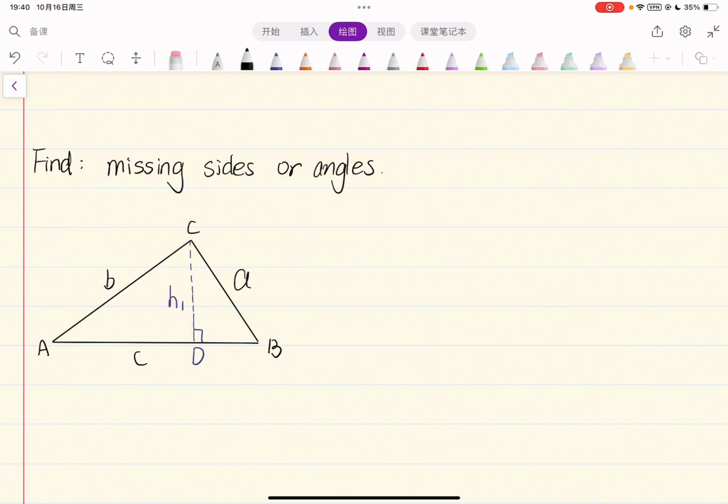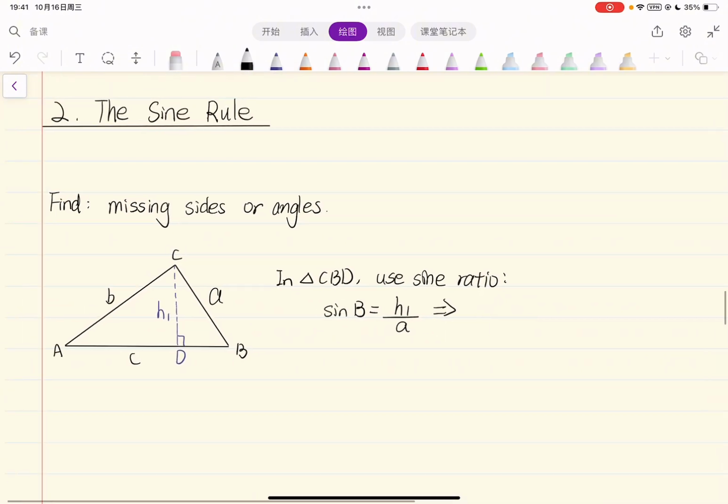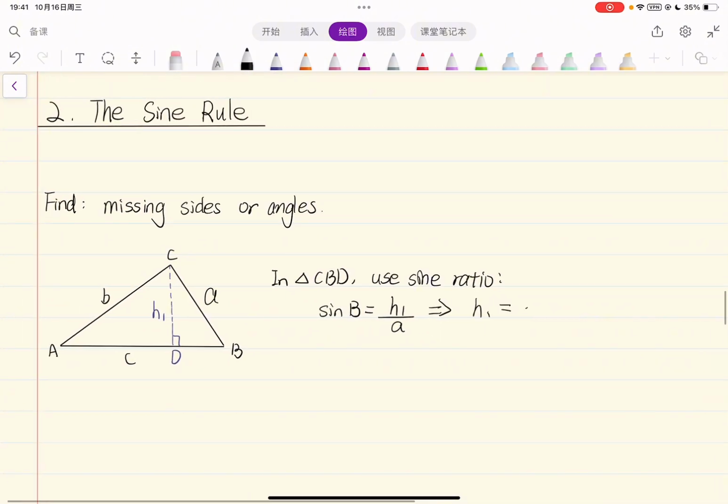Now let us focus in the triangle CBD. We use the sine ratio. We have sine B equals to H1 over A, implies that H1 equals to A sine B. And in another triangle, CAD, also use the sine ratio.